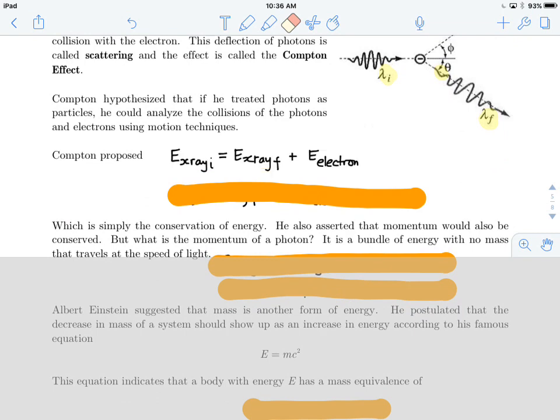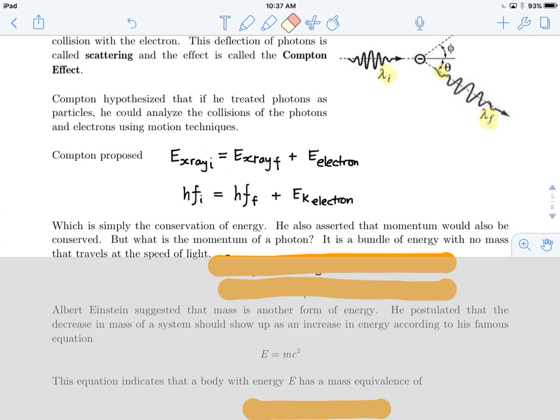So this is what Compton hypothesized. He proposed that the energy of the initial X-ray is equal to the energy of the final X-ray plus the energy of the electron. This is the conservation of energy, just like we saw in the photoelectric effect.